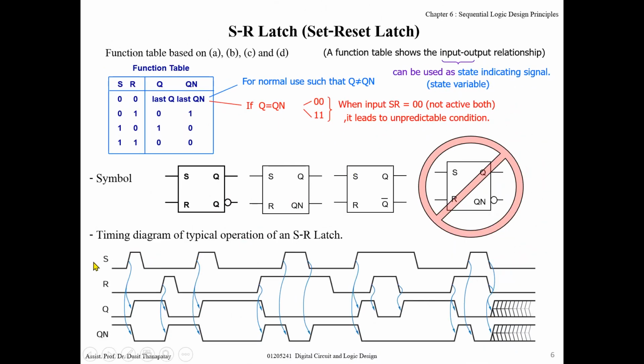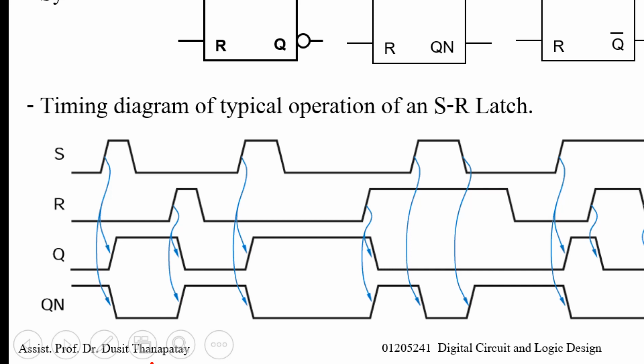This shows an example of a timing diagram to show the operation of the SR latch. Let's consider if I start Q from 0, SR is 0, 0. At this point of time, Q is 0 and QN is 1.